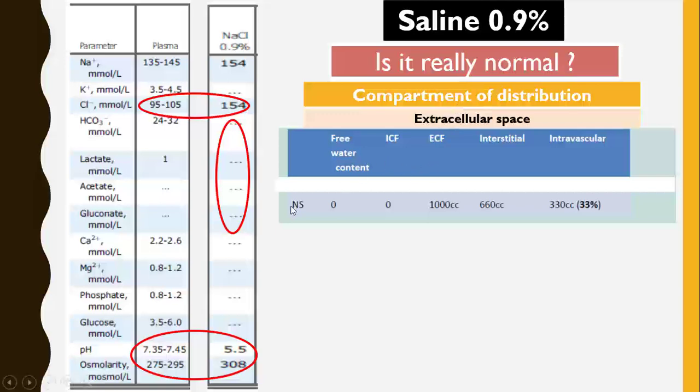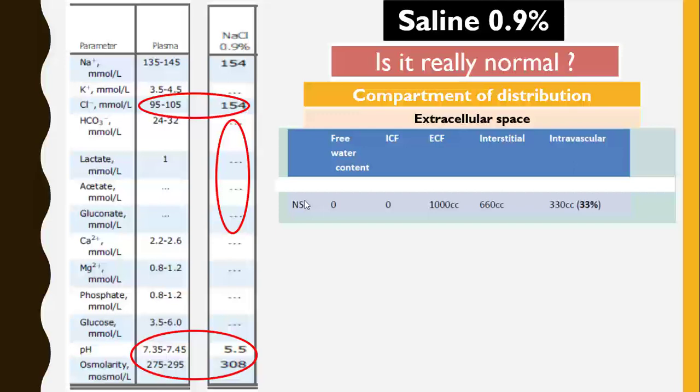And this is an example if I infused a patient with normal saline, 1000 cc: the interstitium will take about 2/3 to 3/4, and the intravascular 1/4 to 1/3 of the solution, and the intracellular space will not take anything from the normal saline. Why do I mention these numbers?